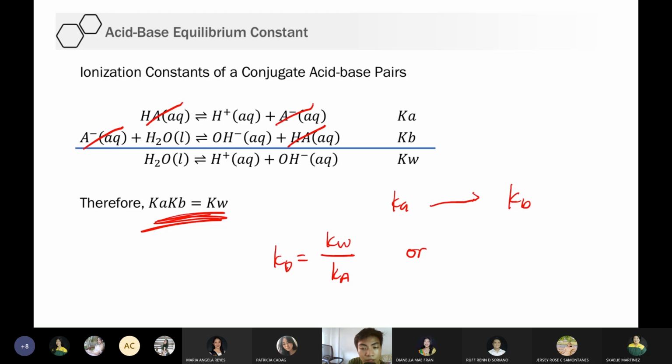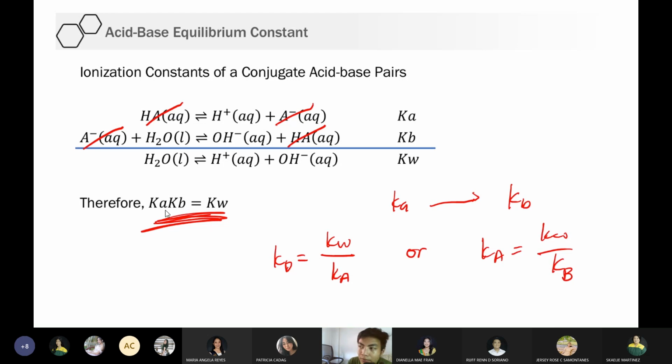Or if you want Ka from the Kb, then that is Kw divided by Kb. So you can get the value of Ka from Kb and vice versa using this equation.